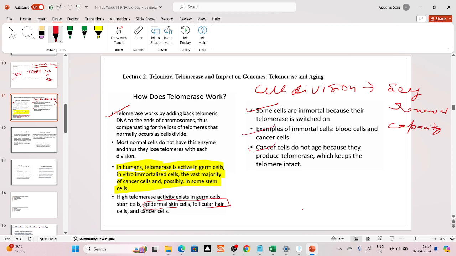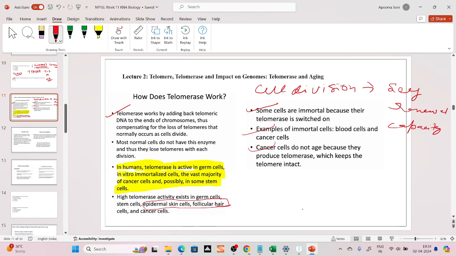Okay. Now, aging, we're talking about life and death, how aging is related. As soon as your cells are dividing, with each division the telomeres are getting shorter, and with each shortening of DNA, cells are aging.